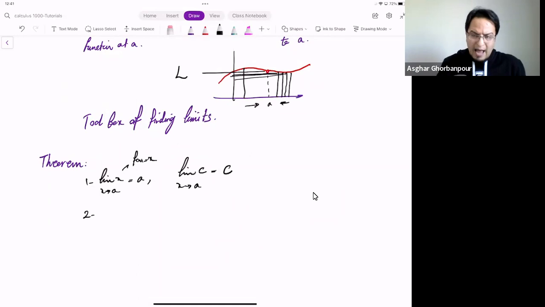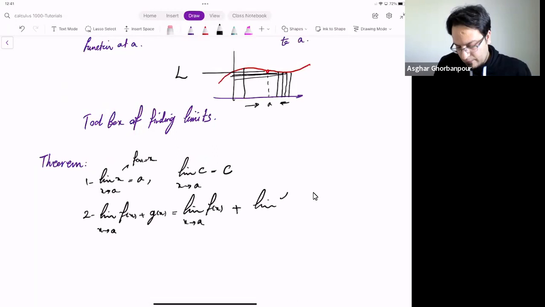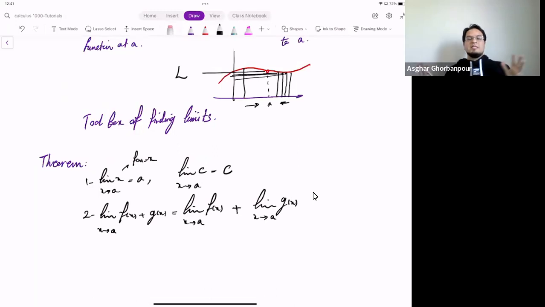But then after that, we have this operation. So if you have two functions, you add them, and you know that each one of these has a limit as x goes to a, then you can find the limits one by one and then add them. So limit and sum work nicely together.